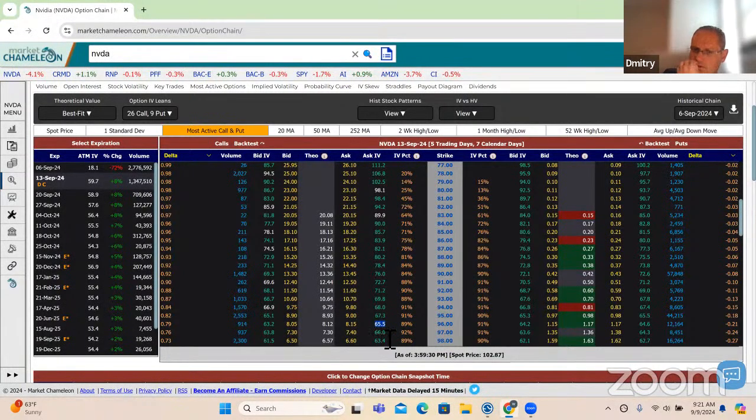Same thing here in the call. Look at the call. Why is this particular call implied volatility a bit below the 65.1 and the 63.8?